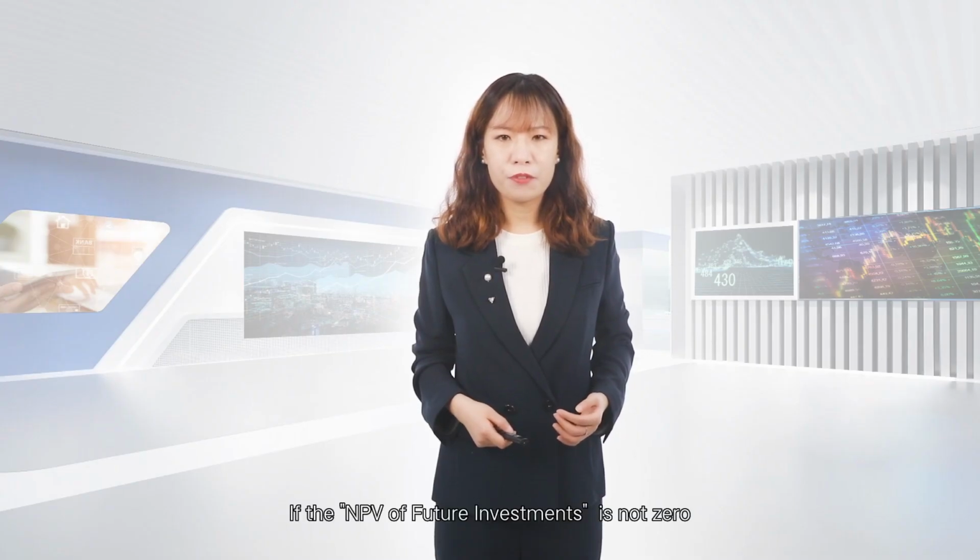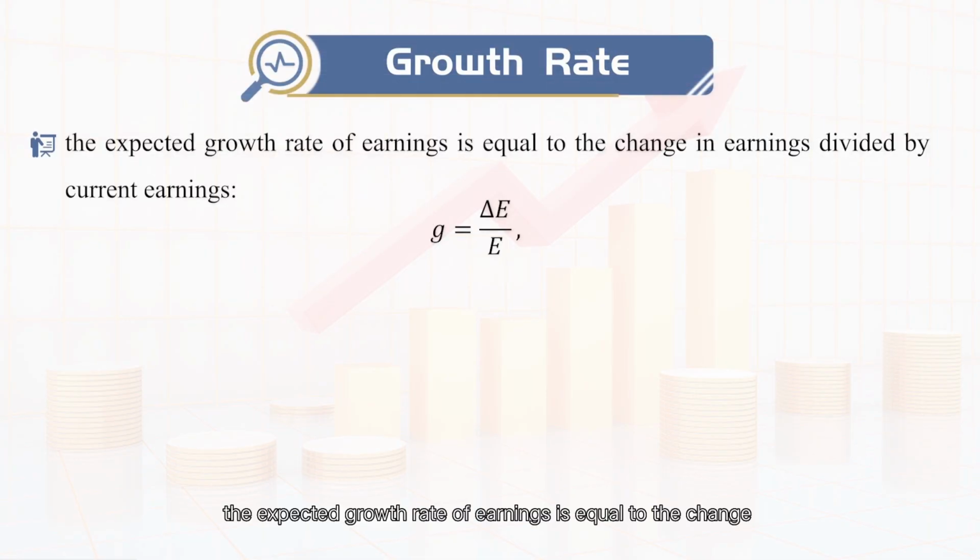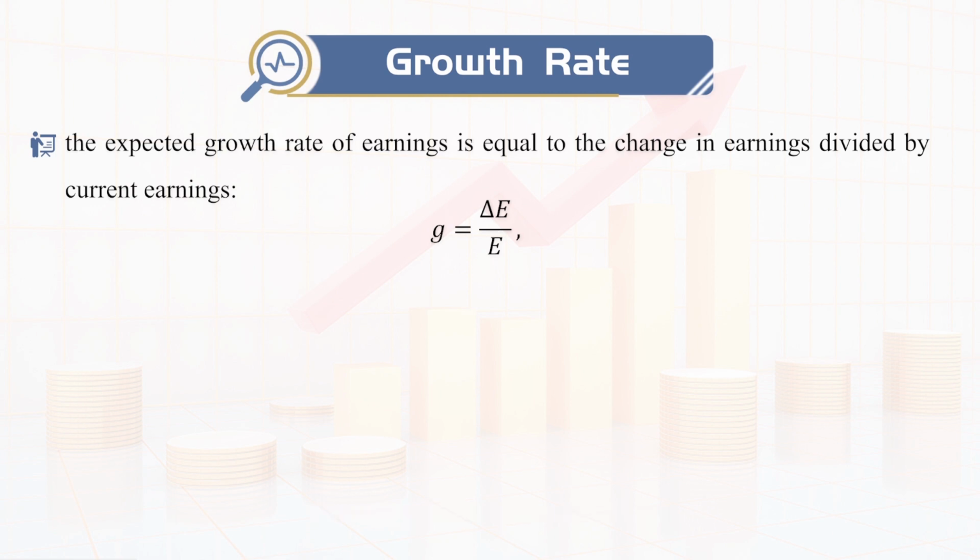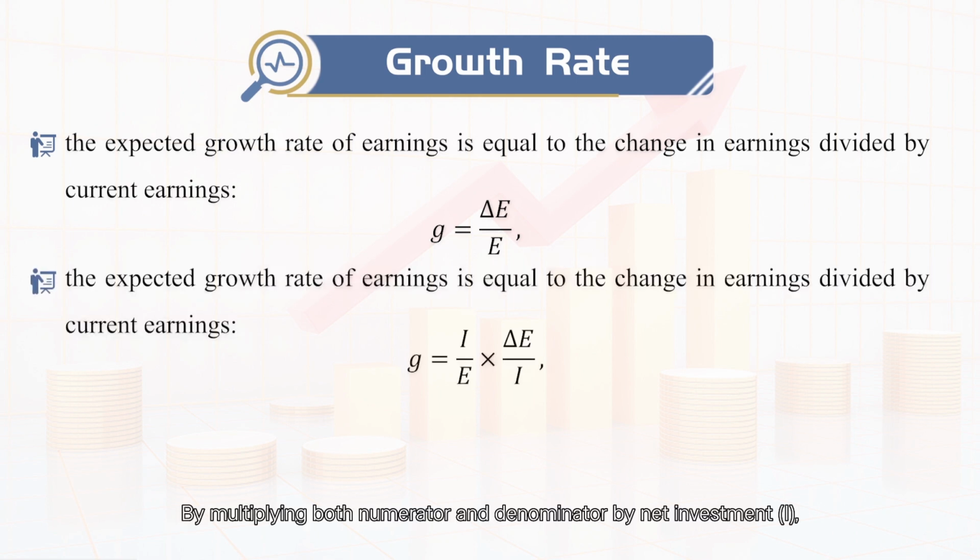If the NPV of future investments is not zero, how do we estimate the firm's value? This means there is growth in dividends. It's necessary to calculate the growth rate first. By definition, the expected growth rate of earnings is equal to the change in earnings divided by current earnings. g is equal to ΔE over E. By multiplying both numerator and denominator by net investment I, the next equation follows.